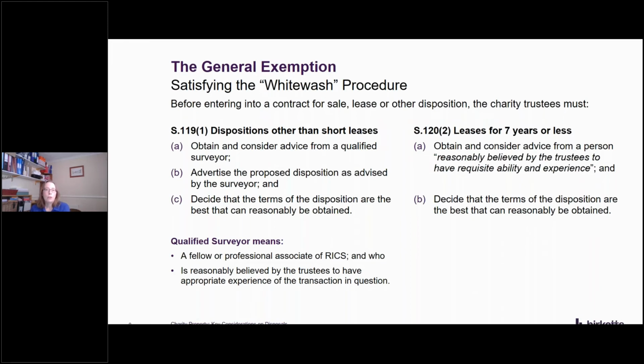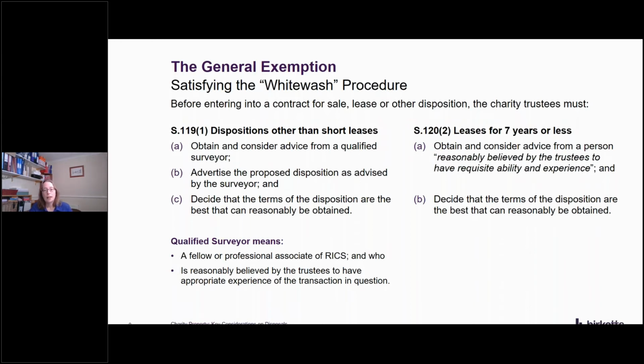You want to know that you've got the right person for the job. Now, these reports can cost quite a lot of money, especially if it is a complicated transaction. But I would say that trustees should remember they will never be criticised for spending money on paying for a really good surveyor's report. What they will be criticised for is not complying with the law.